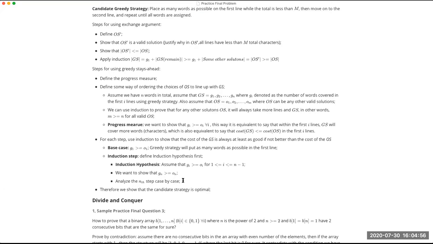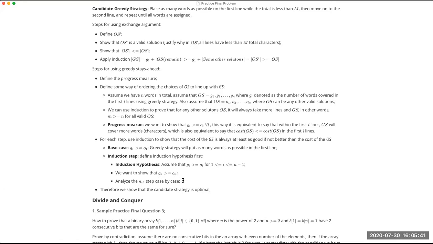Then we don't need an nth line. And since the first n minus one lines of OS cover fewer words than GS, that means if GS has already covered all the points, then OS still needs to go on, since OS might not have covered all the points.